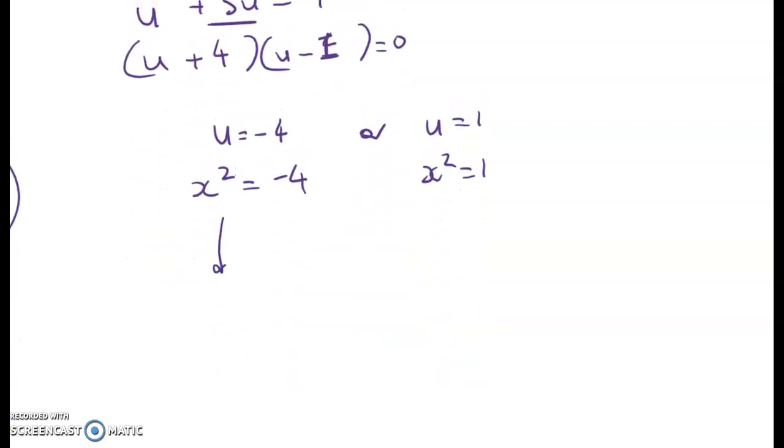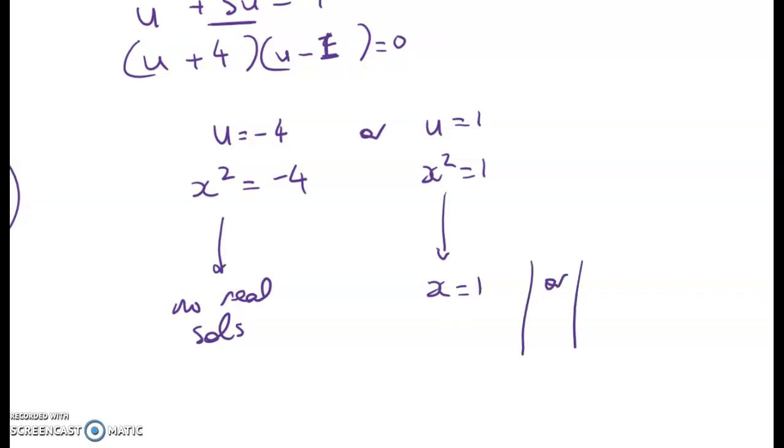So this has no real solutions. And this one has x is equal to 1, or x is equal to negative 1, and y is equal to 2 over x, which is 2.